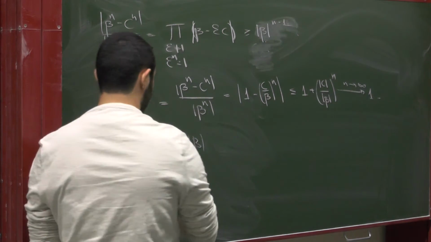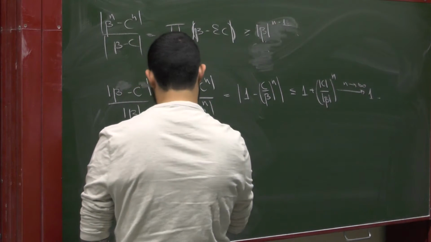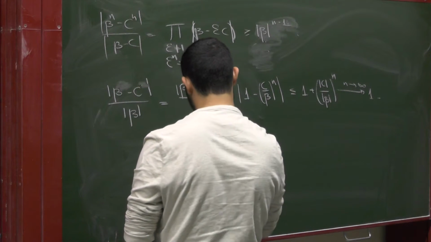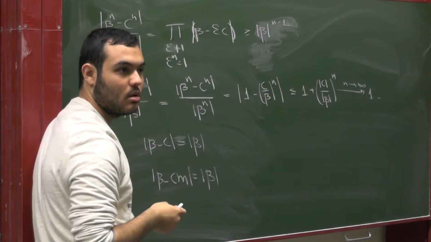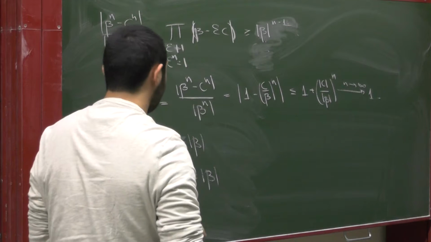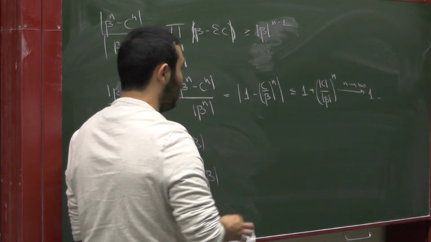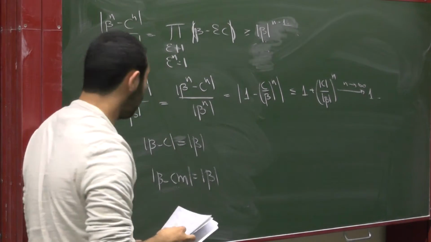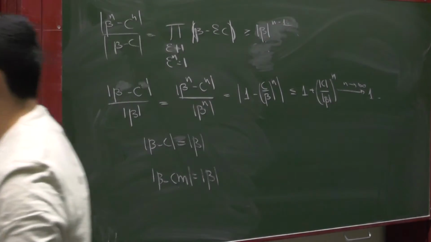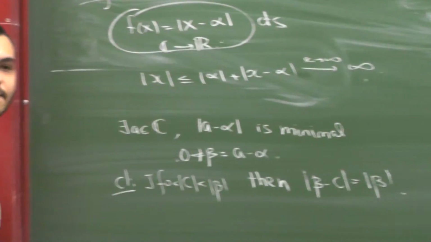Well, I can repeat this claim, replacing beta with beta minus c, and get that this is true for every integer m. There are many ways to see this, but for example, because I can get to any point in C by taking very, very, very small steps, this implies that this function to begin with is something which is true.